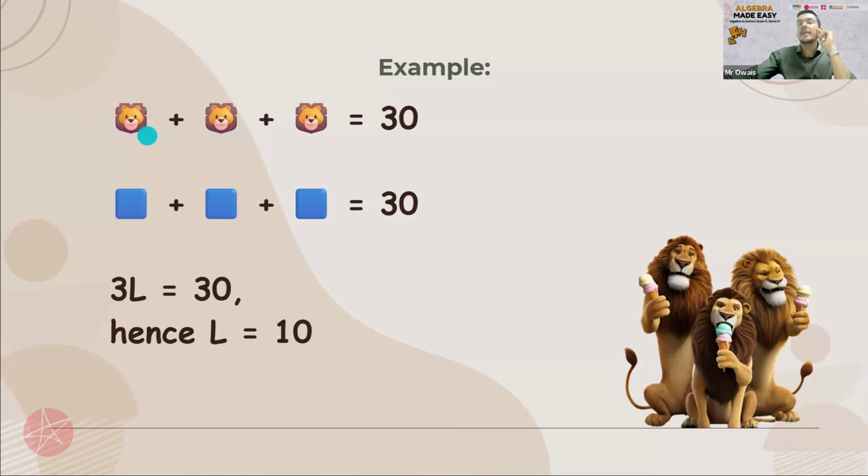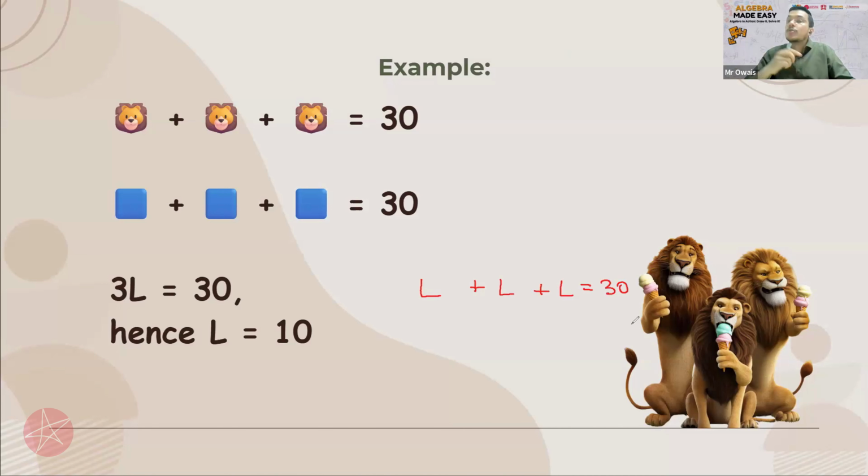So because of that, we can actually simplify it to a box, something like 1 square. So we can draw 3 squares and then we can say that all 3 of them added together equals 30. Or if we want to make it even faster, we can represent the number of ice creams that each lion ate with a symbol, such as L. We can do something like L plus L plus L equals 30.